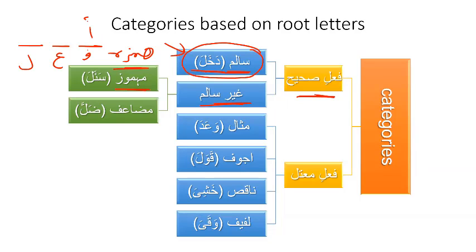So we have hamza either as the first root letter or the second or the third. So here in sa'ala, where is the hamza? It's in the middle. So it's an ain letter. So mahmuz, this sort of irregular verb, is where we have a hamza somewhere, as one of the root letters.